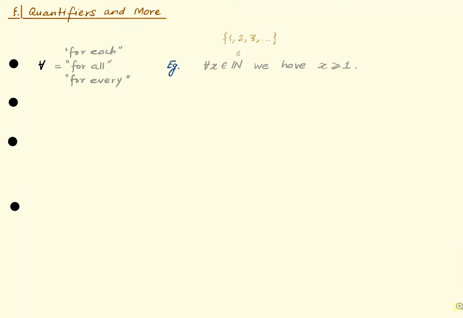So I'm just illustrating the use of this symbol. Instead of writing for all, we just use the symbol because it is more economical. That's all. And this is called the universal quantifier. Just a fancy name. All right.